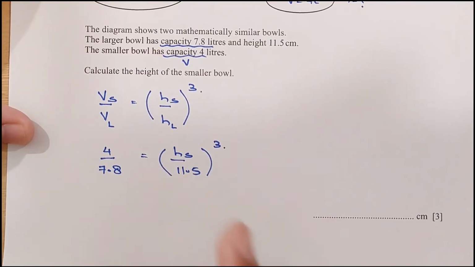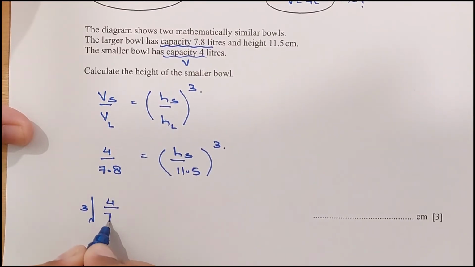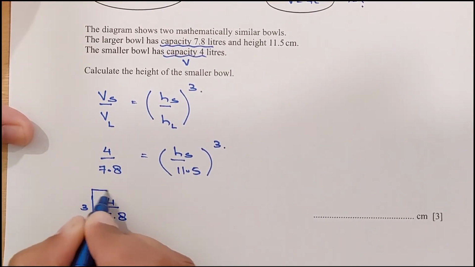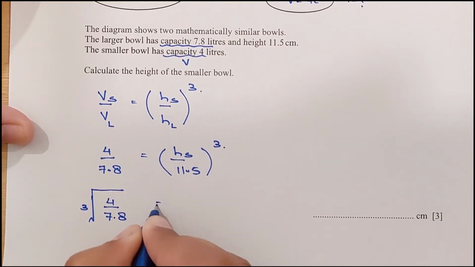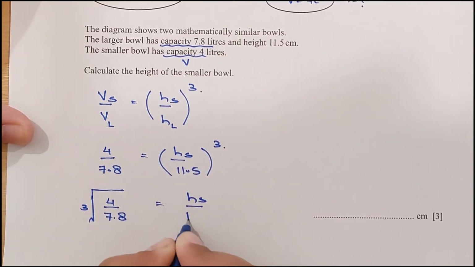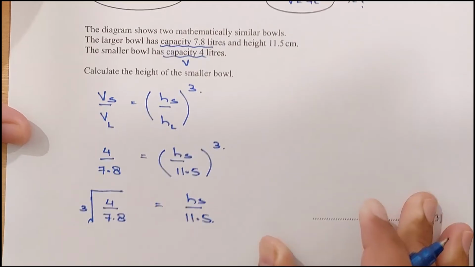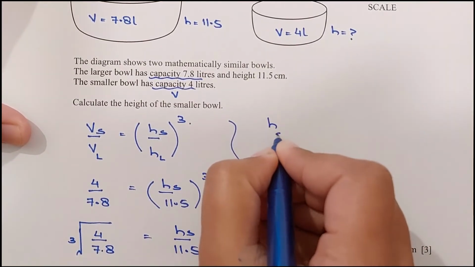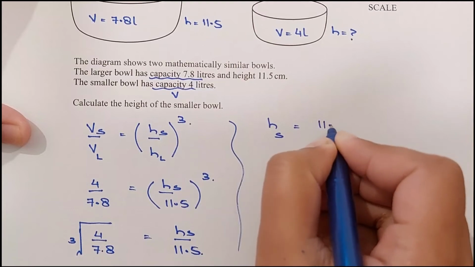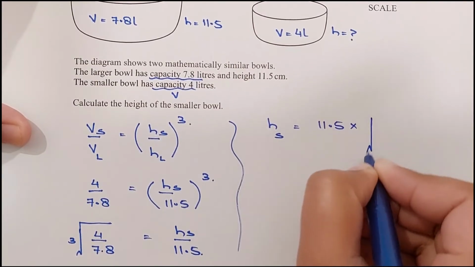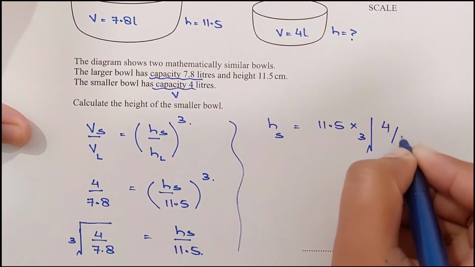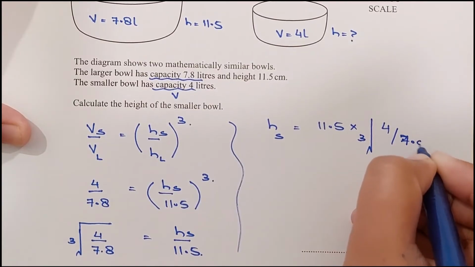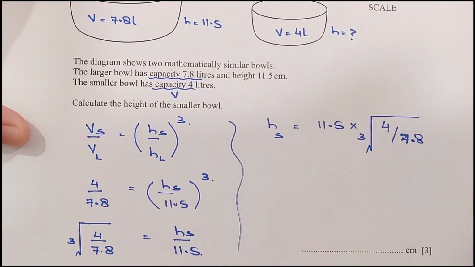Now to solve for the height of the small, we take the cube root on both sides. So the cube root of 4 over 7.8, and the cube and the cube root cancel. We have h of small over 11.5. So multiplying, the height of the small bowl is 11.5 times the cube root of 4 by 7.8, right?